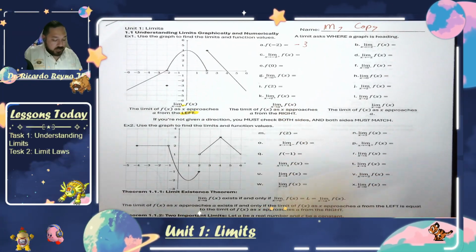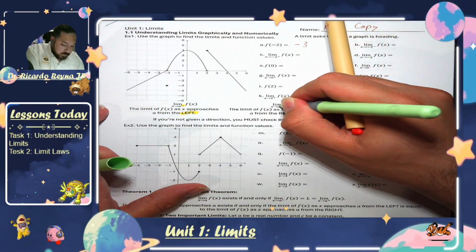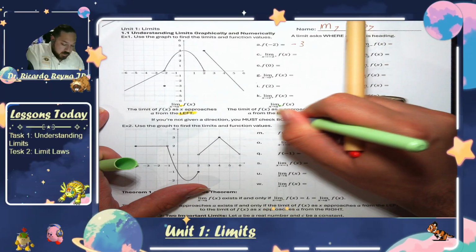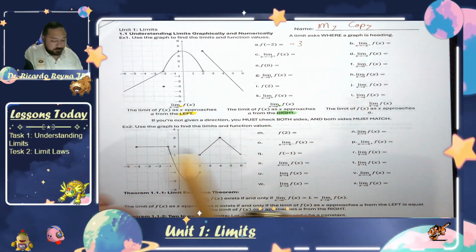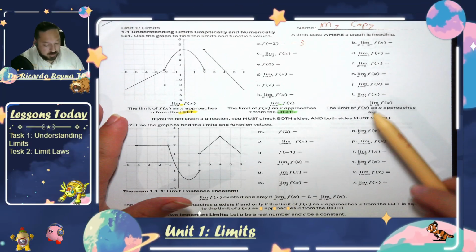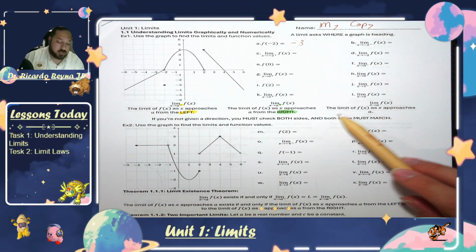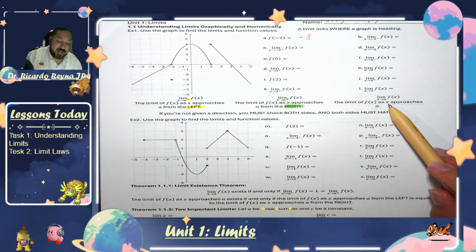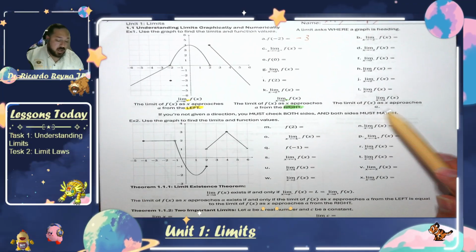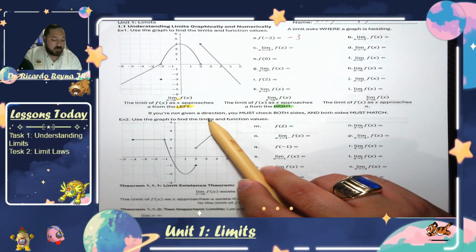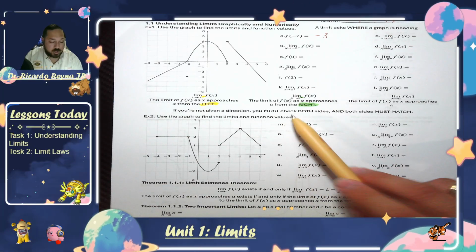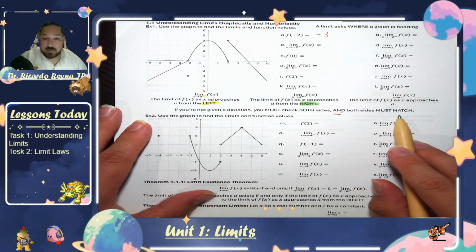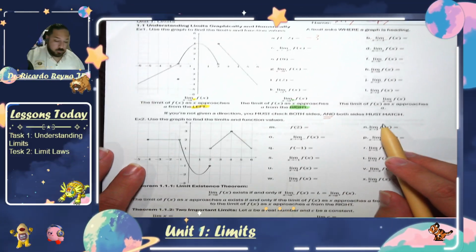Similar vibe, if we see that power as a plus sign, then we are looking as x approaches a from the right. Now, what if we don't see anything? So this just means the limit of f of x as x approaches a. However, if you're not given a direction, you must check both sides, and both sides must match.